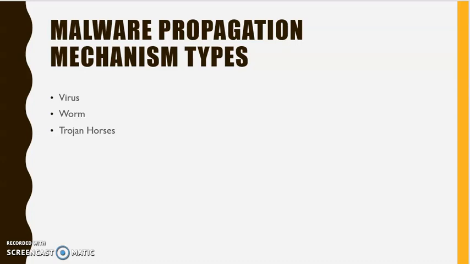Now, the third is Trojan horses. Trojan horses pretend to be a legitimate piece of software that a user might want to download and install. When the user runs the software, it does perform as expected. However, the Trojan horse also carries a malicious hidden payload that performs some unwanted action behind the scenes.